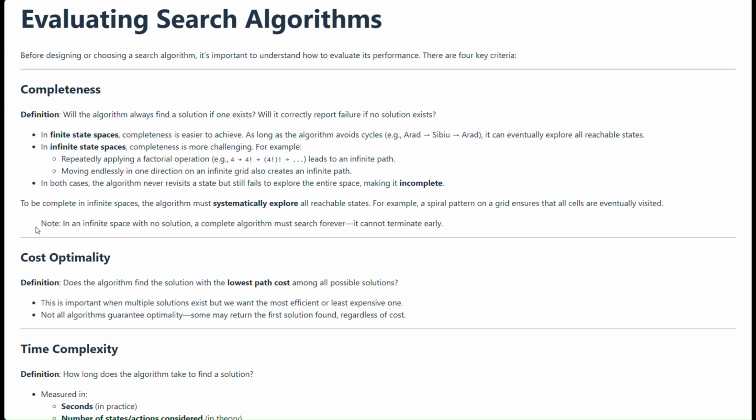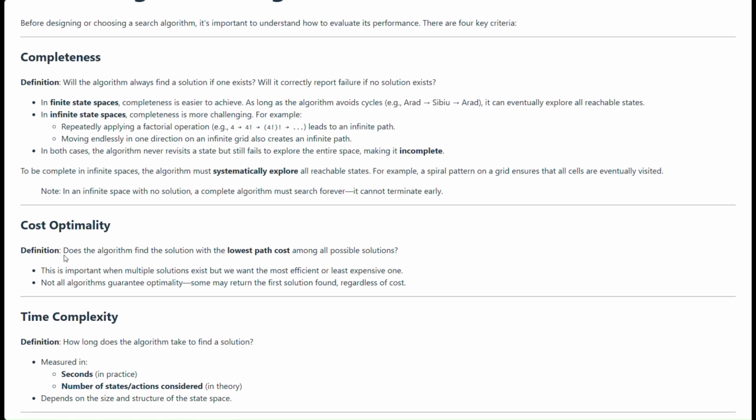Next up is cost optimality. The algorithm is considered cost optimal when it finds the path with the lowest cost. This could be extremely useful when you are interested in finding, for example, the path between two cities that has the lowest cost, meaning the path with the lowest distance to go to another city.